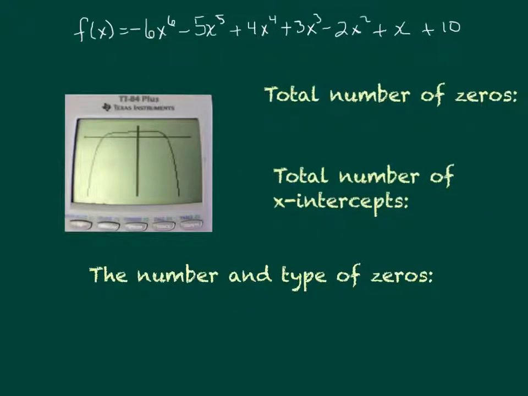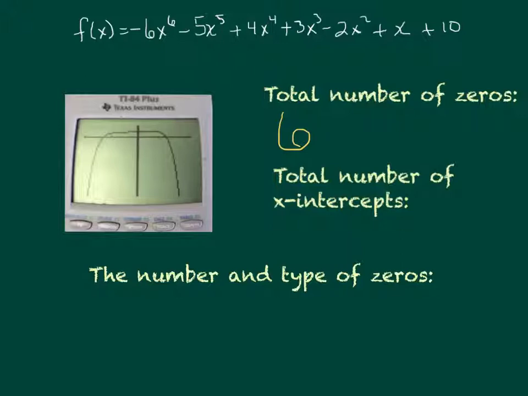All right, so we kind of talked about this 6-degree function and how many zeros it could have. Since it's a 6-degree function, the total number of zeros, or the maximum number of zeros that it could have, is 6.